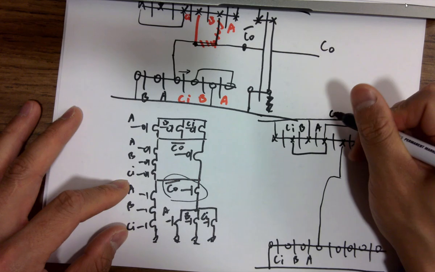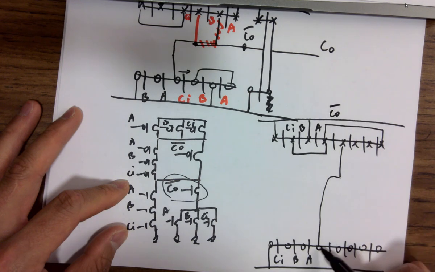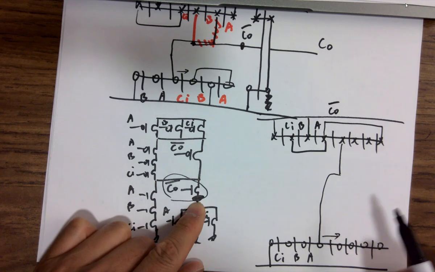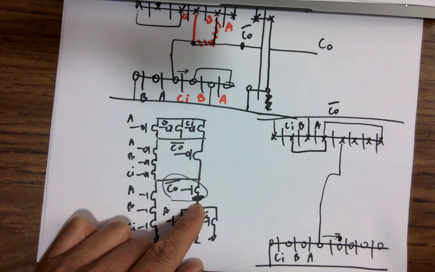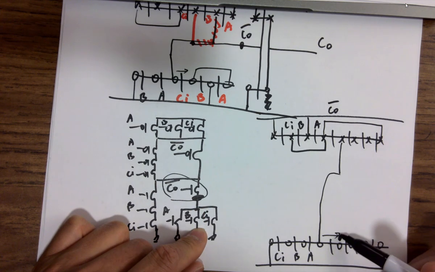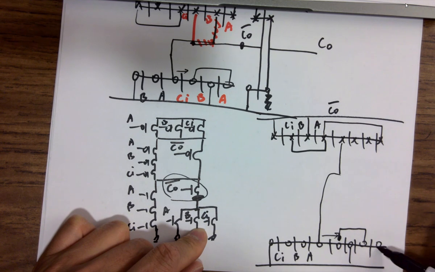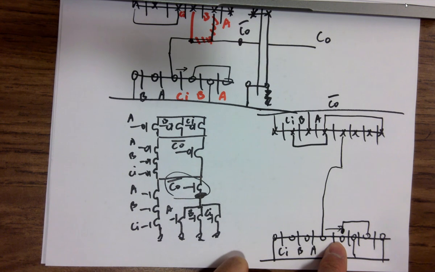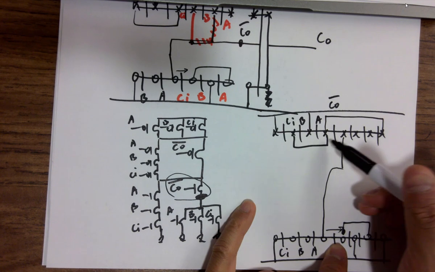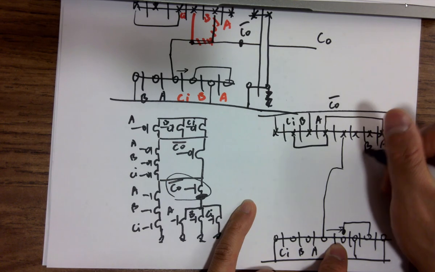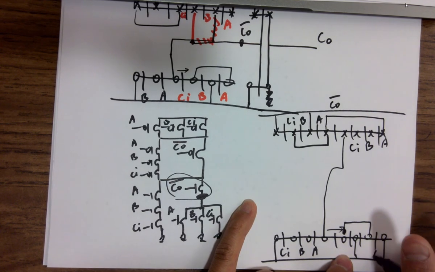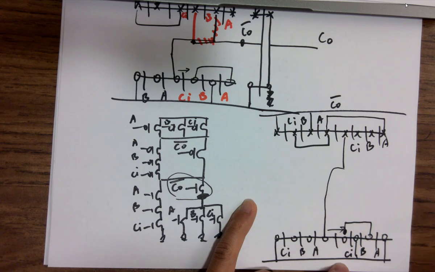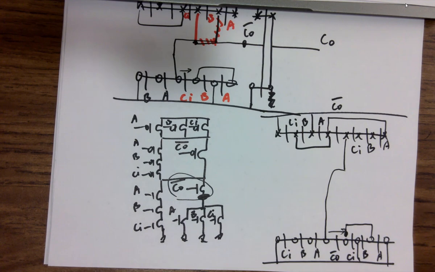So this one has to be CO not. Okay, it goes through here, and then reaches this point. And you have 3 in parallel. So this becomes pretty simple. You just do this. So 3 in parallel after that, single one. Okay, so in that case, because here it's in a certain sequence, A, B, C, I, we're going to define these as A, B, C, I as well. And this is CO not. It's perfectly aligned.